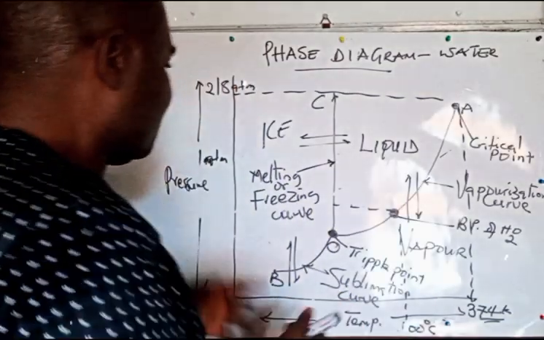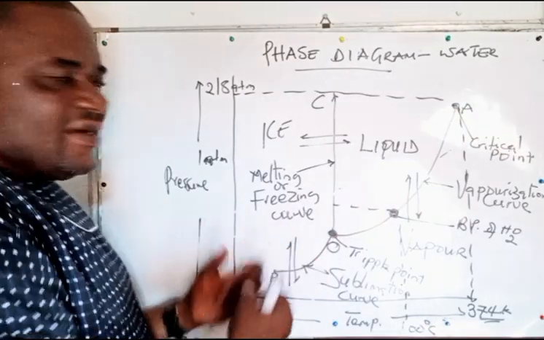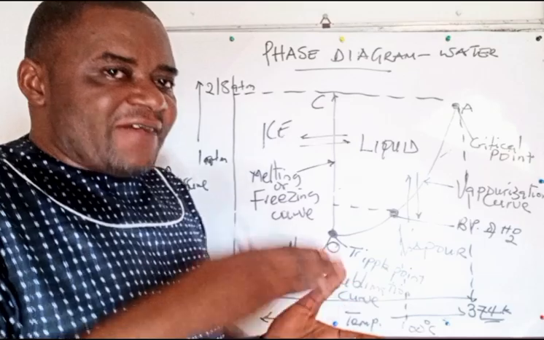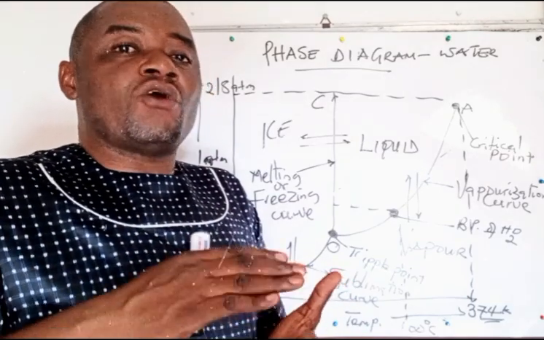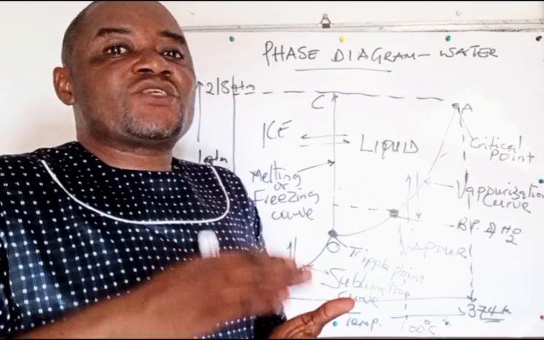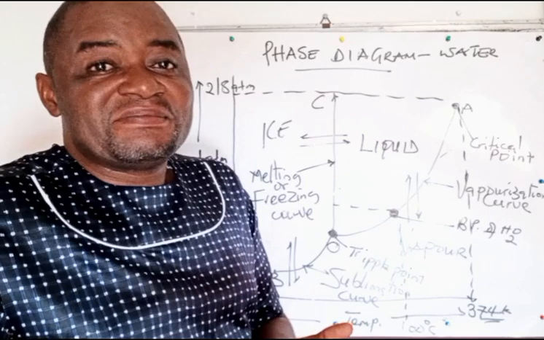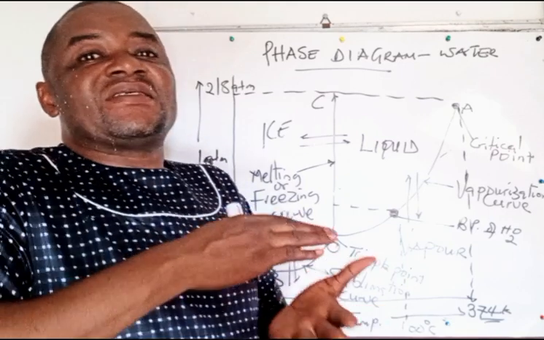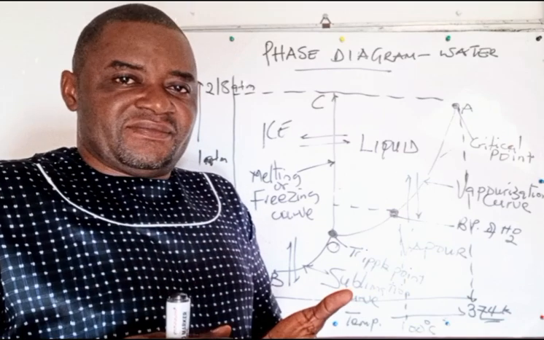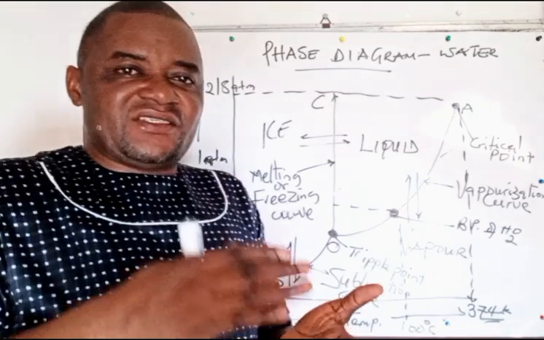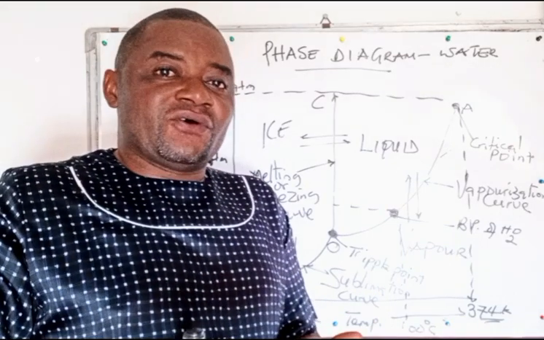Now, what we tend to achieve from the whole thing is that there are phase changes in everything you call matter, whether it's water, sulfur, oxygen, or carbon dioxide. There are phase changes, and once there is a phase change, there must be an effect on temperature or pressure.